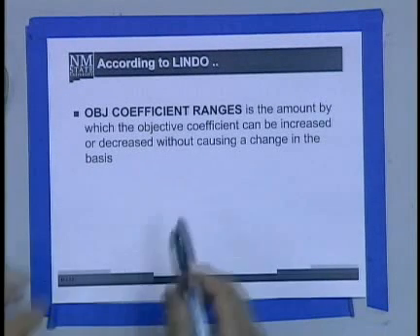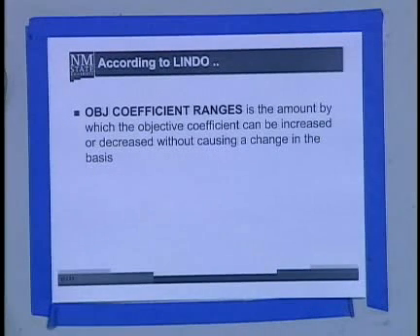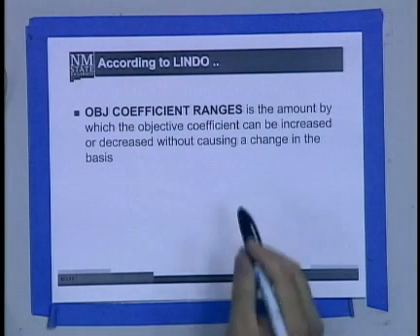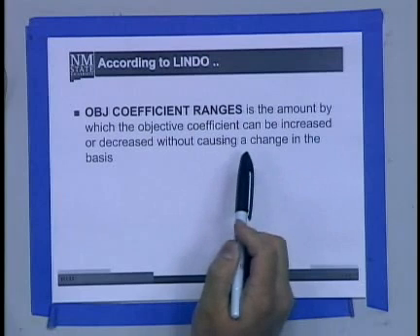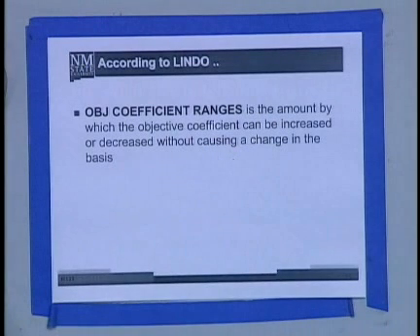We need to look at the objective coefficient ranges first. Because the objective coefficient ranges in Lindo output indicates the amount by which the objective coefficient can be increased or decreased without causing a change in the basis, right?